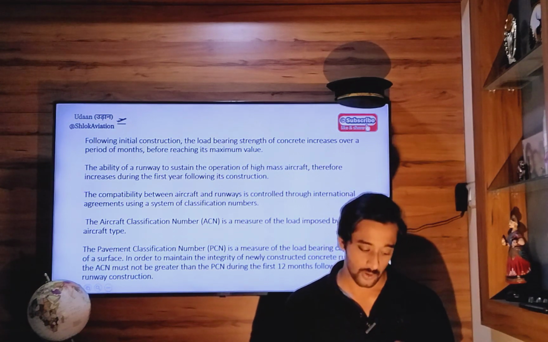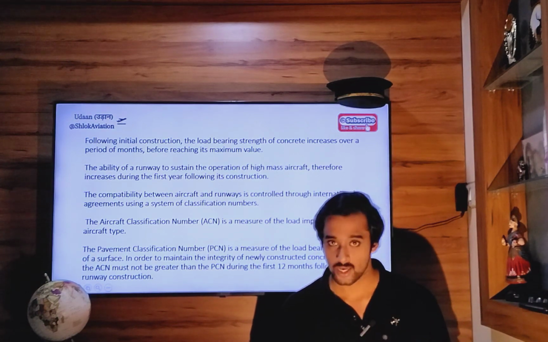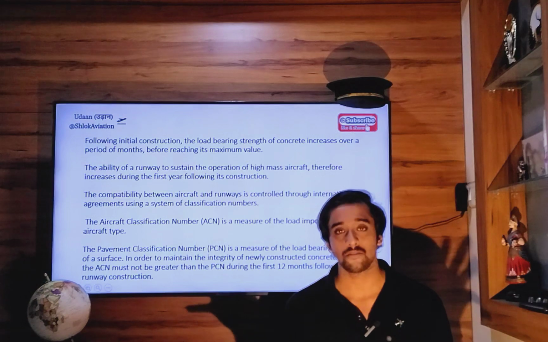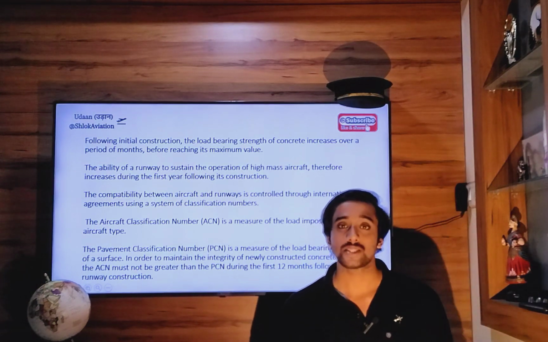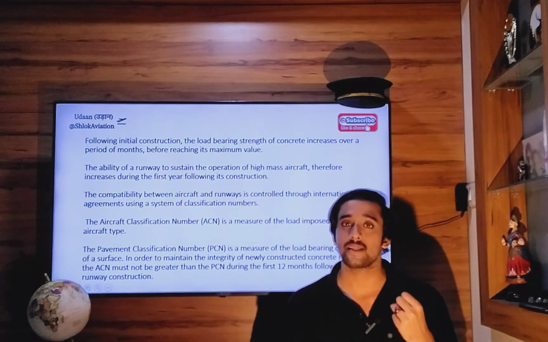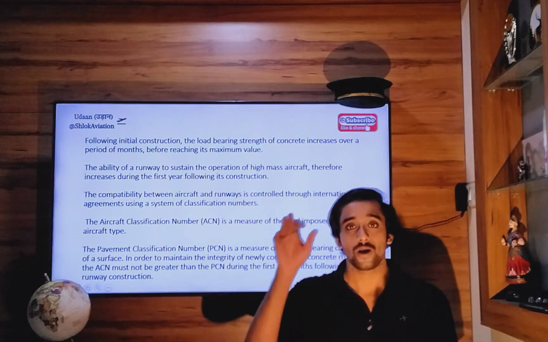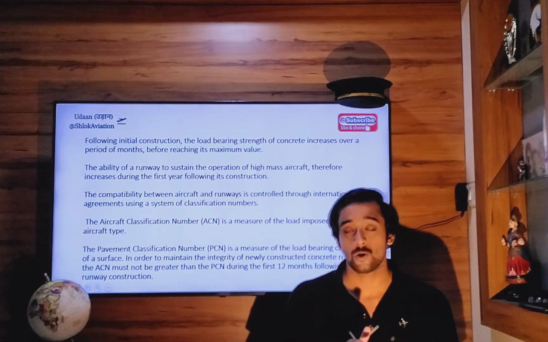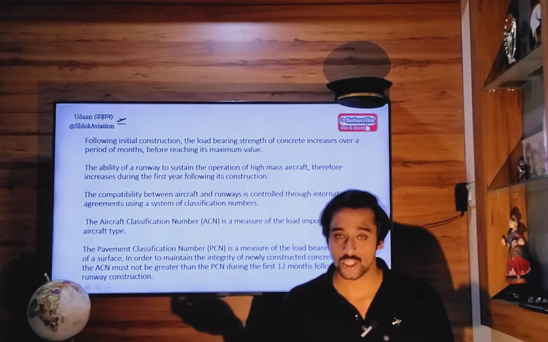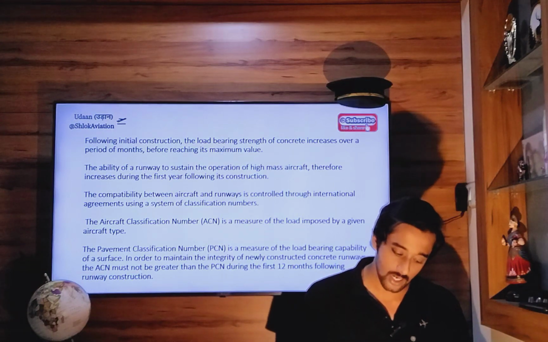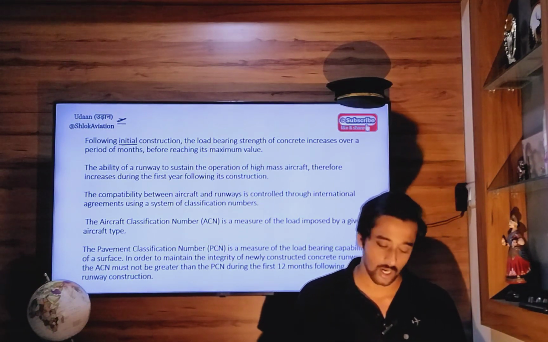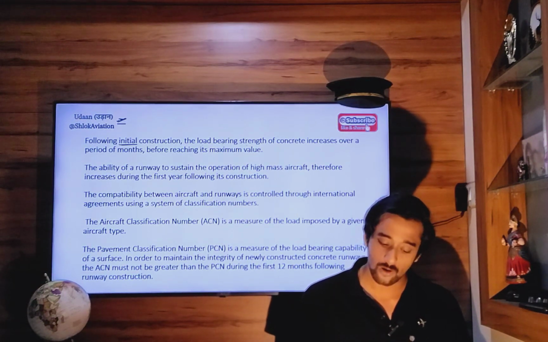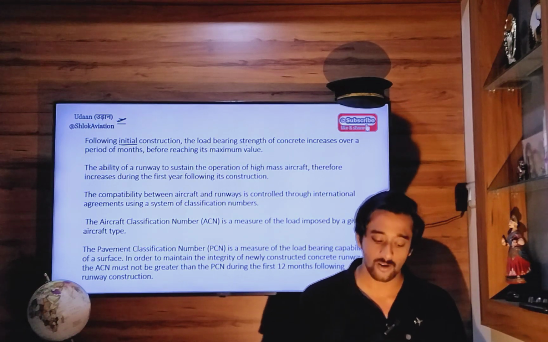Okay, so that is called performance classification number. Every runway has that number allotted to it, which signifies how much load that runway can bear, how much aircraft weight or impact it can withstand without getting damaged. So following initial construction, the load bearing strength of concrete increases over a period of months.